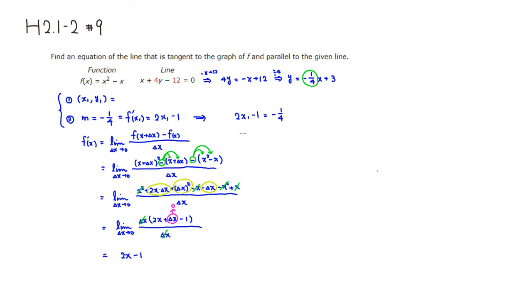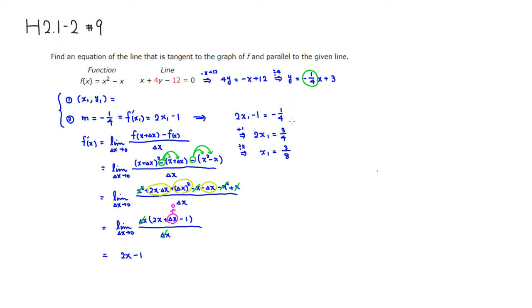We can simply add 1 to both sides, so you have 2x1 is equal to negative 1/4 plus 1, which is 3/4. Then we can divide through by 2, so that we have the x1 value, which is 3 over 8.